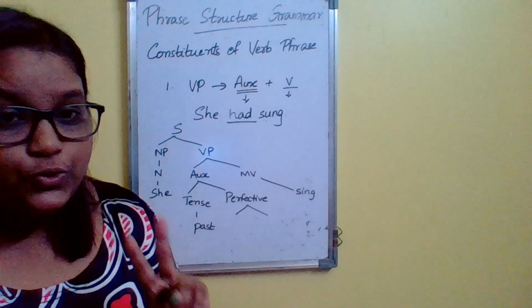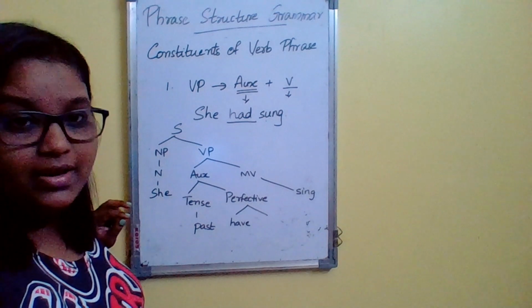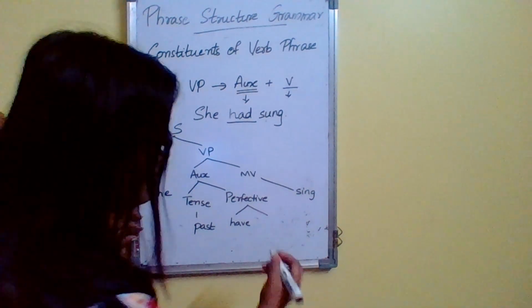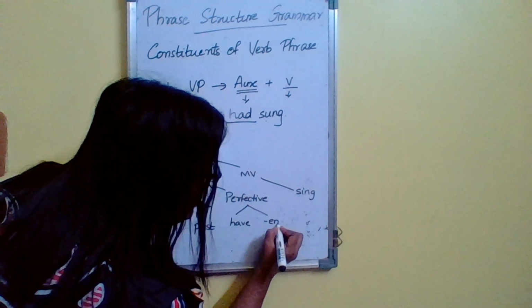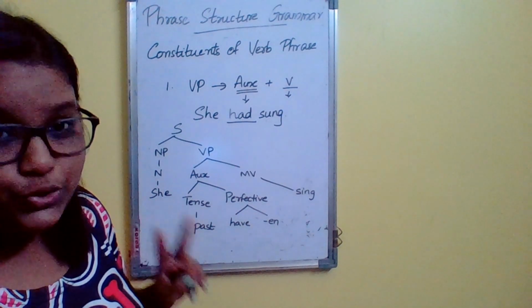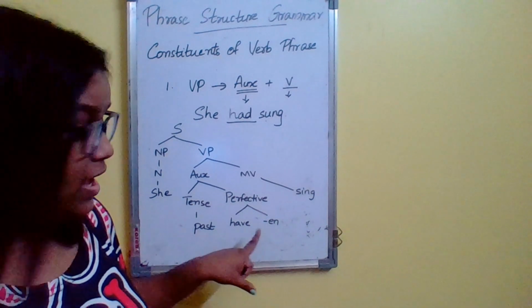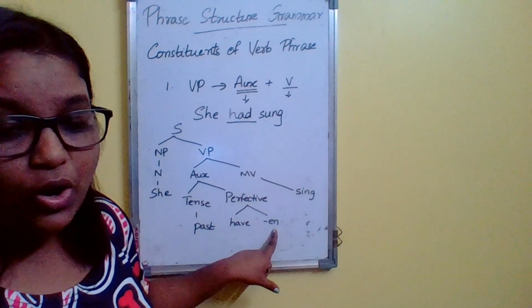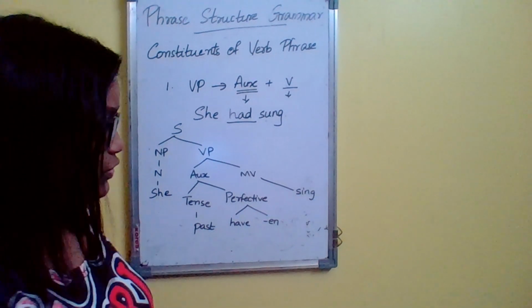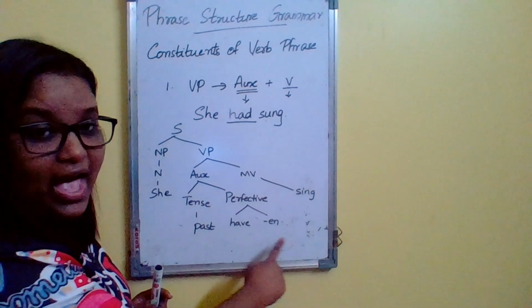First part is have. Second part is participle, past participle. We can represent that by writing en. Okay. So perfective has two parts, have and past participle. And past participle is always written as en. Okay, in a tree diagram that is. So whenever you see perfective, you can split it into two, have and en.